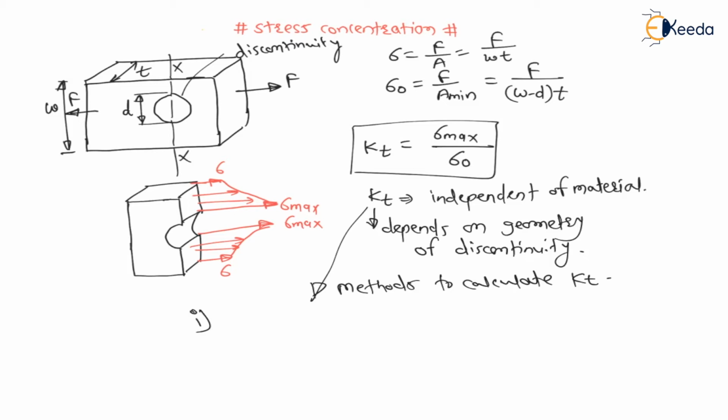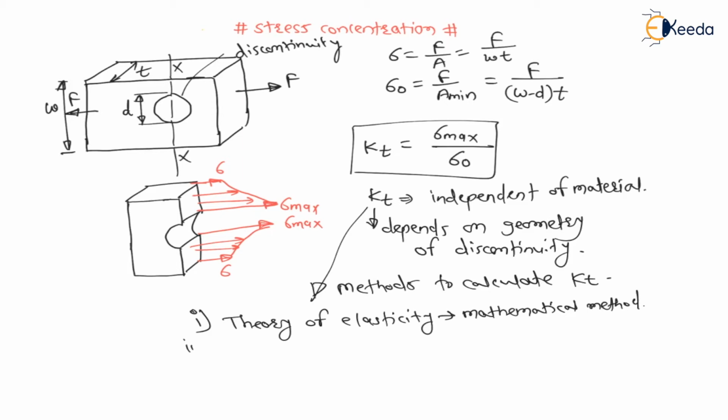The first method is theory of elasticity, which is a mathematical method. In this method we derive an equation, and with the help of the formula we calculate the stress concentration factor Kt.